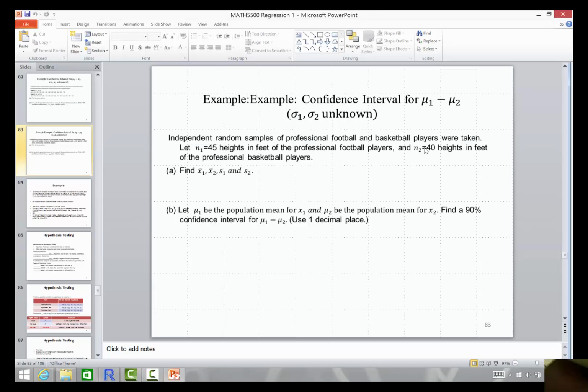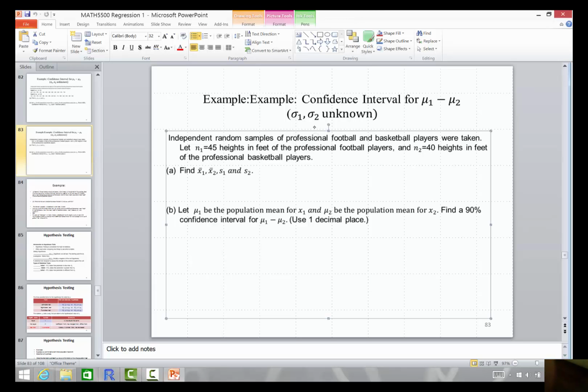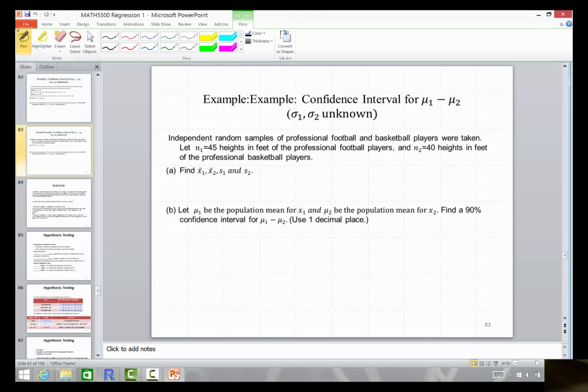How do you find the confidence interval? I'll give you a little idea about that.